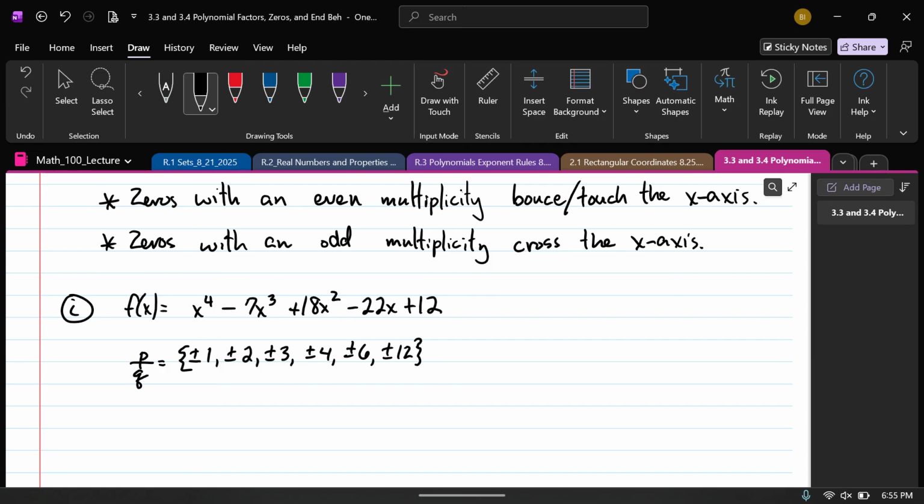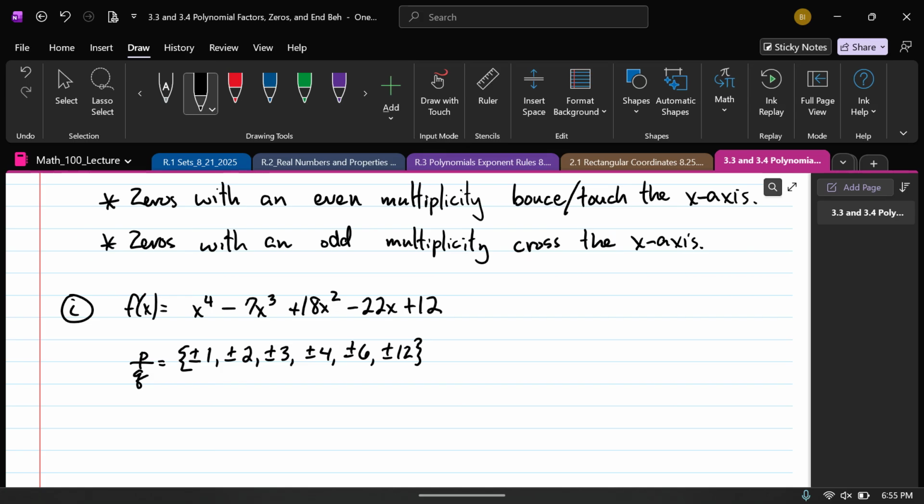What's the highest power of x on this problem? 4. How many does it take to get that down to x squared? 2. I'm going to do synthetic division twice to get it down to x squared. Whatever the degree is, or the highest power of x, take 2 away from that, and that'll tell you how many times to do synthetic division.